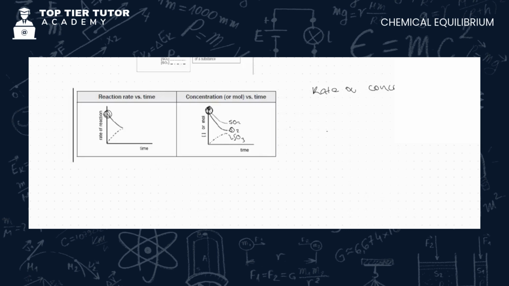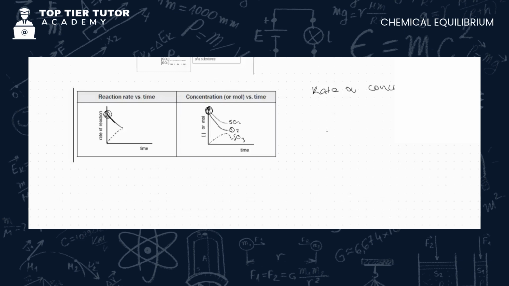And over time, the reactants are going to be used, decreasing the concentration of your sulfur dioxide and your oxygen. Thus, you will see also a decrease in the rate of reaction. Now, for your reverse reaction, when you start, you do not have your product, the reactants for your reverse reaction.